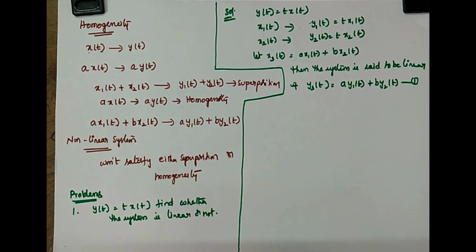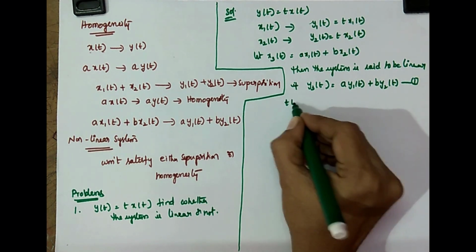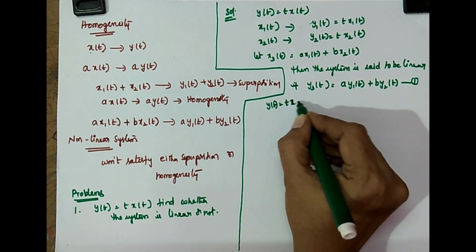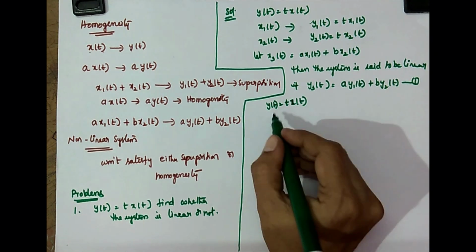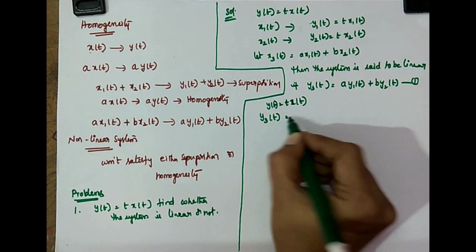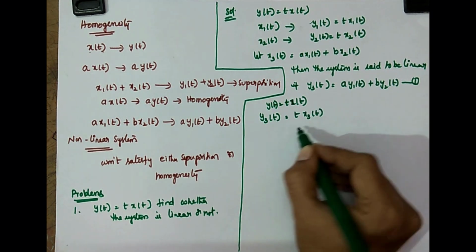Okay. Then now consider the equation y of t equal to t into x of t. Now write y3 of t, that is t into x3 of t.